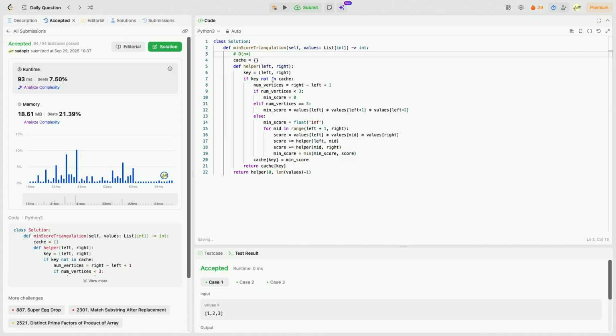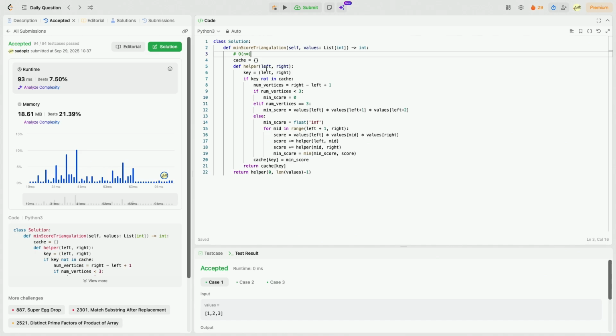Well, since we're caching things, we're significantly reducing our runtime. So we're guaranteed to never compute the same sub interval again.